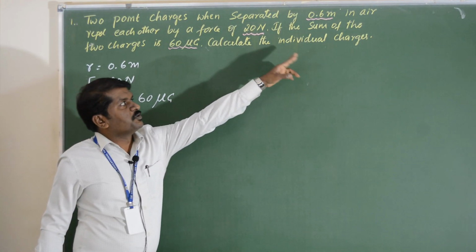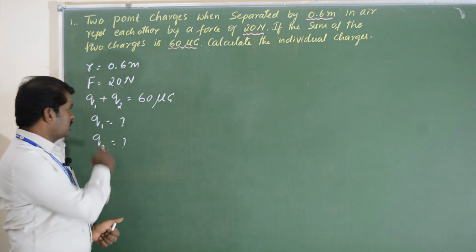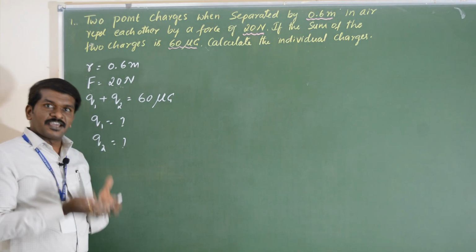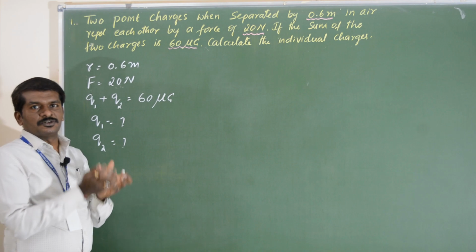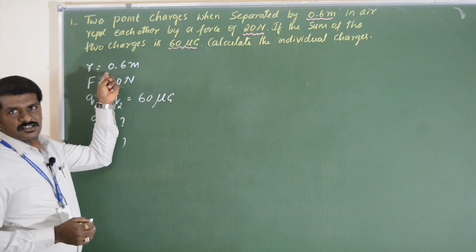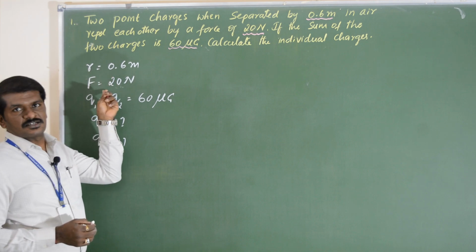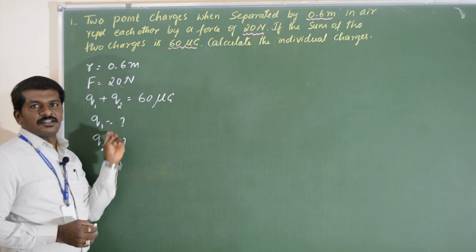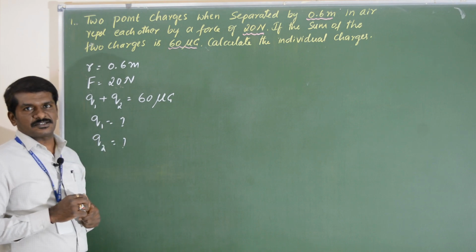Calculate the individual charges, that is, we have to calculate Q1 and Q2. So we have to analyze how to solve this problem. They have given distance between the charges, force between the charges, sum of the charges, and we have to calculate the value of individual charges.